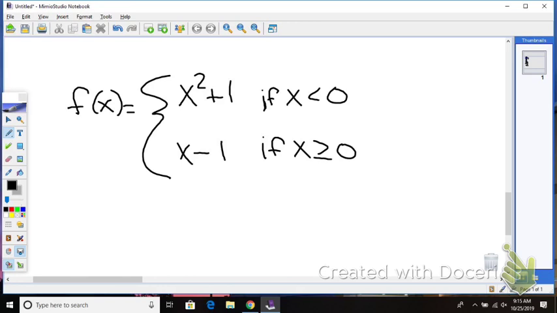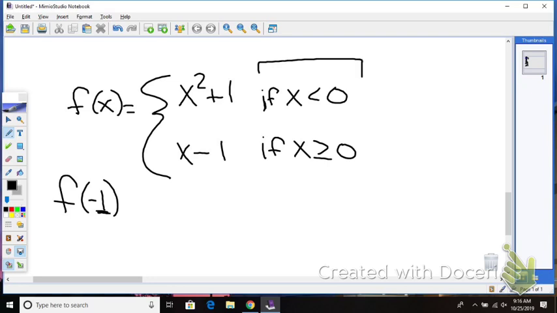So if I give you this and then I say, okay, we're going to find f of -1. What is my x value for f of -1? What's my input? -1. So I need to go to where -1 is included. That's when you're looking at these if statements here.